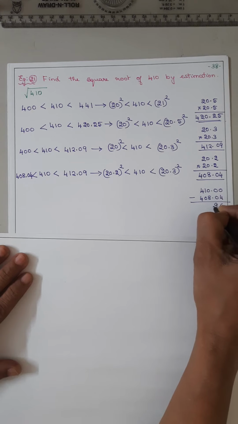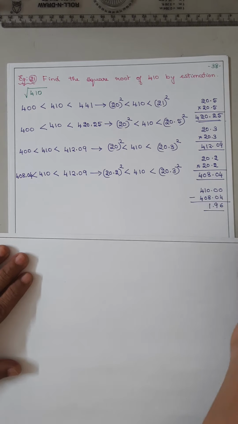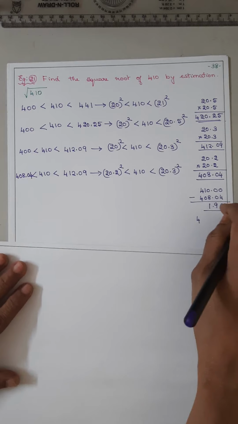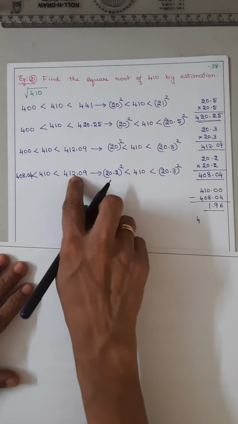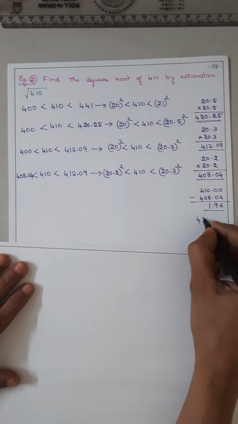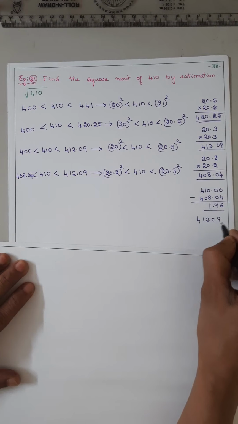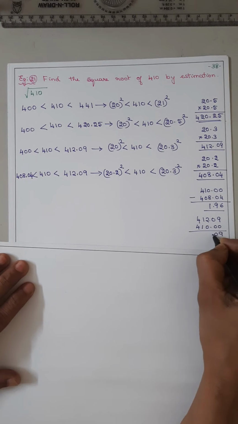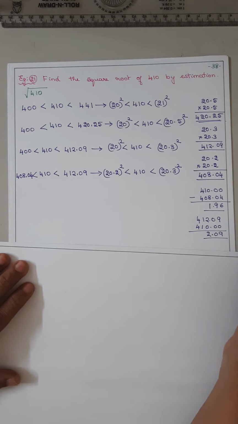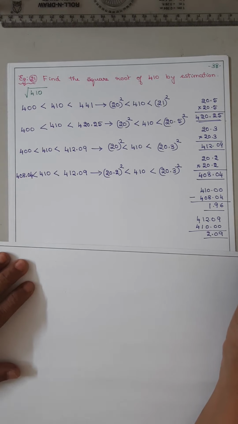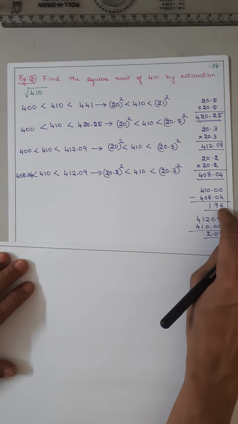Here you got 9 and 9 minus 8, 1. नेक्स्ट इट इज 412 है ना, इसके बीच में 412.09 एंड 410 मीन्स यू गॉट इज 2.09. मतलब कौन सा नजदीक है.